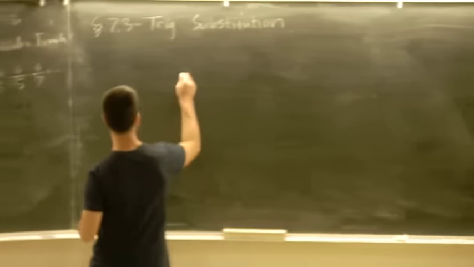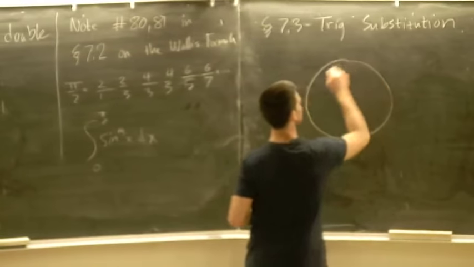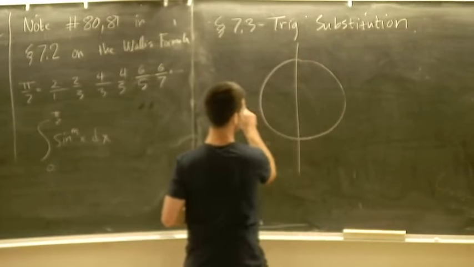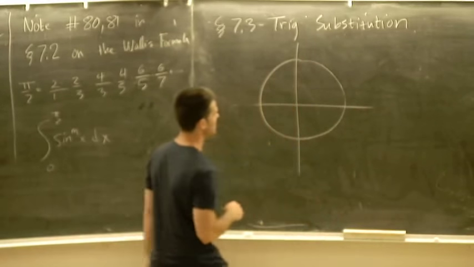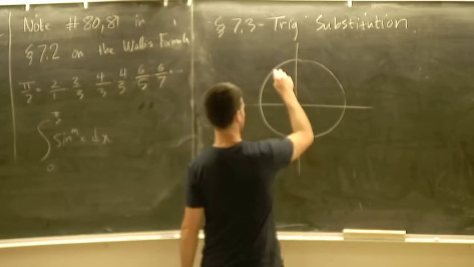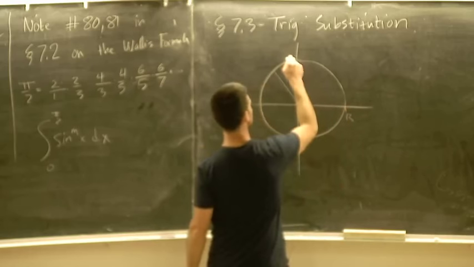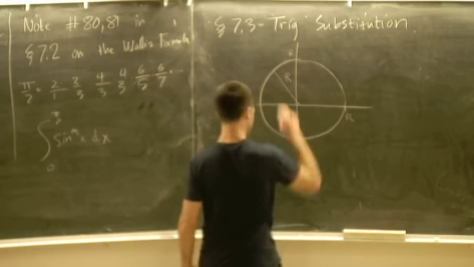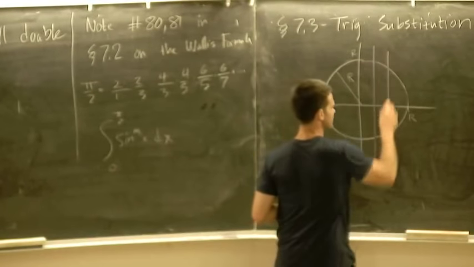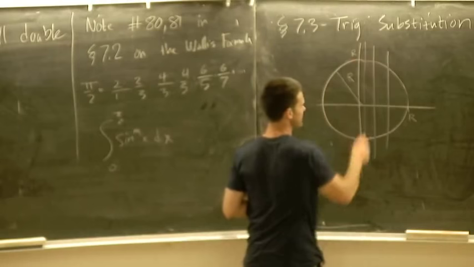So we've got a pizza, and let's say it's of radius r, and you want to slice it up, and you're going to take vertical slices like this and pass them out to your friends.